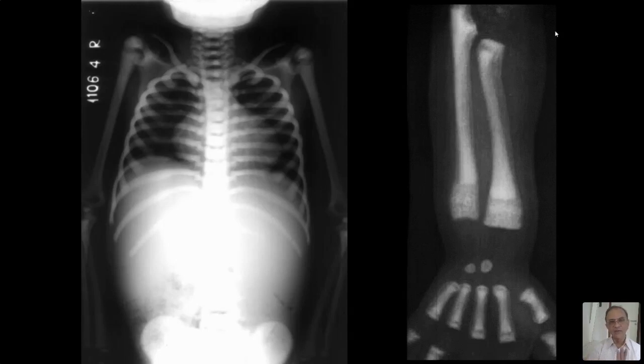Now, if you look at the image on your left, this is a spot diagnosis. Why is this a spot diagnosis? You have increased bone density and the liver and the spleen are enlarged. Why does this happen? What is the big difference between osteopetrosis and pycnodysplasia and cleidocranial dysostosis?